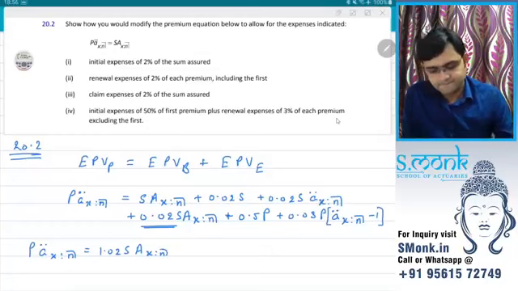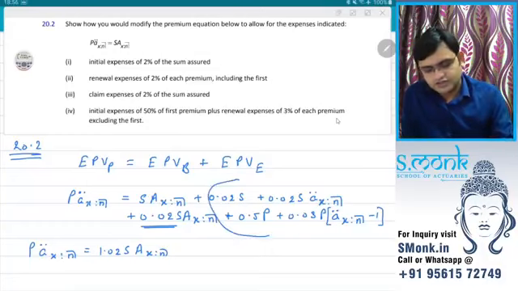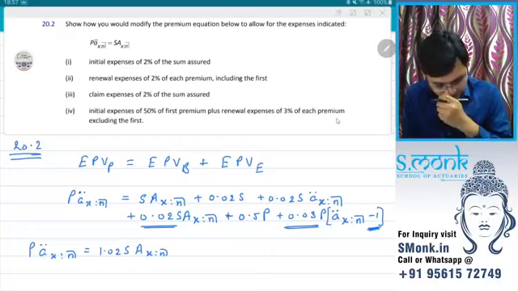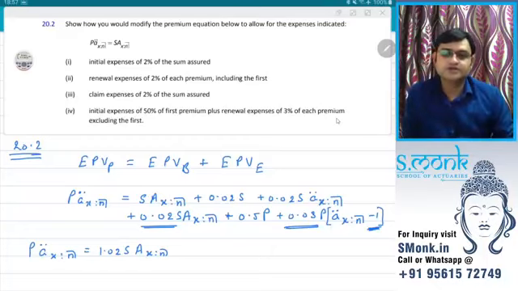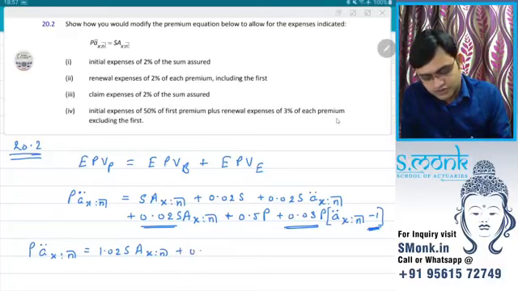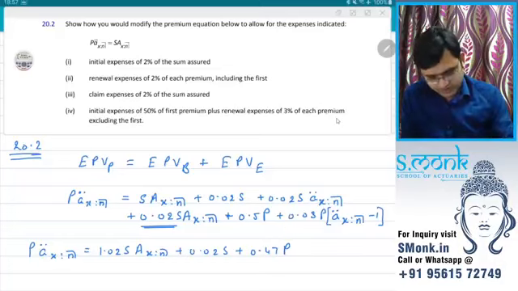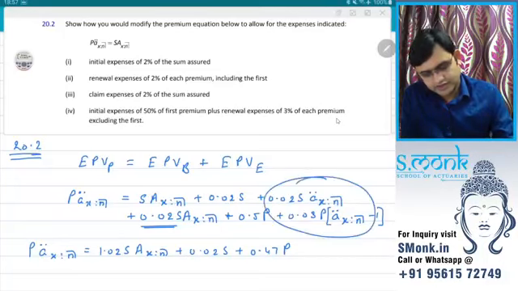And these two together, but also I will subtract 0.03 premium. If I subtract 0.03 premium from 50%, it would be 47%. So I'll say plus 0.02 S plus 0.47 P. The 3% has been removed. Then I am left with these two. I can combine these two.